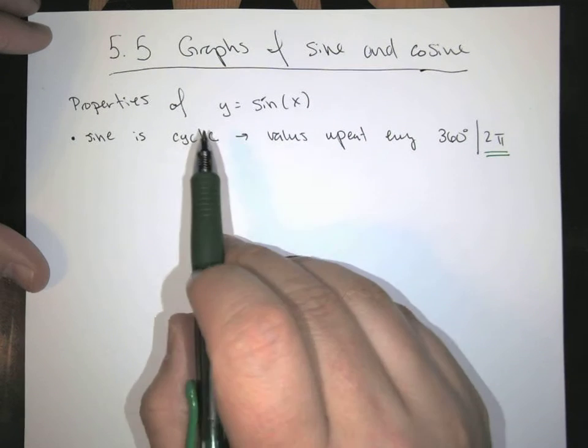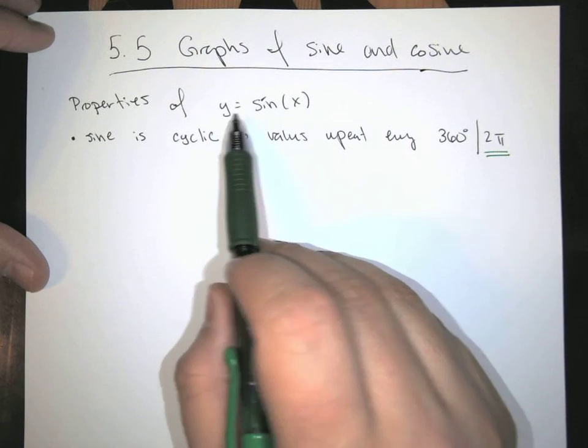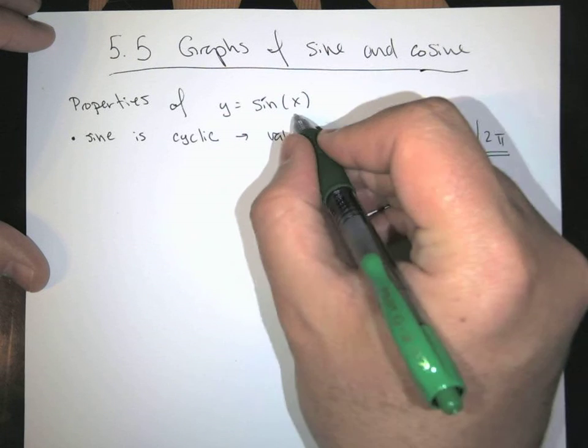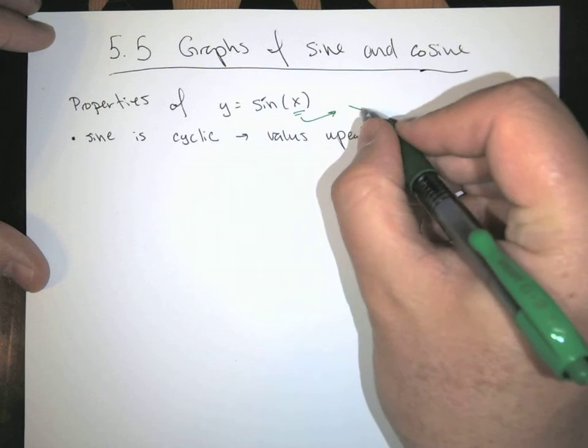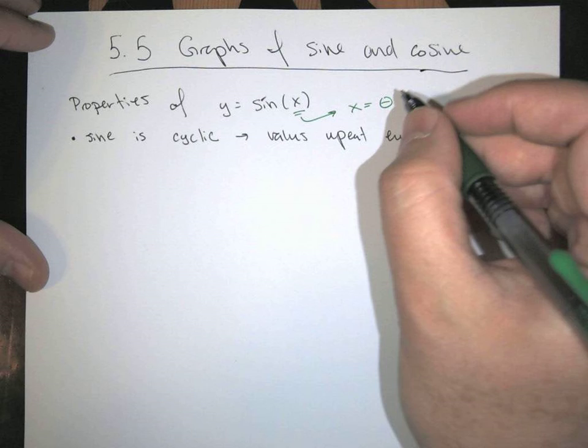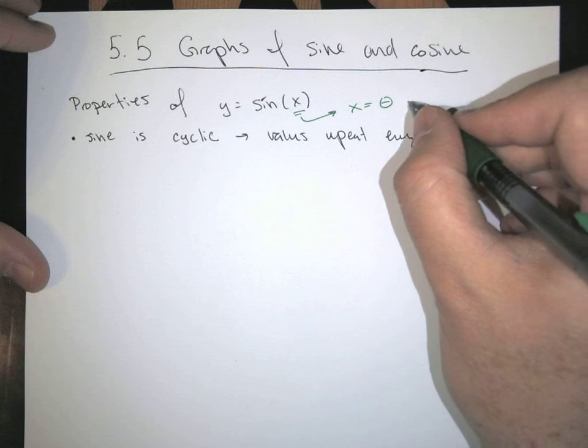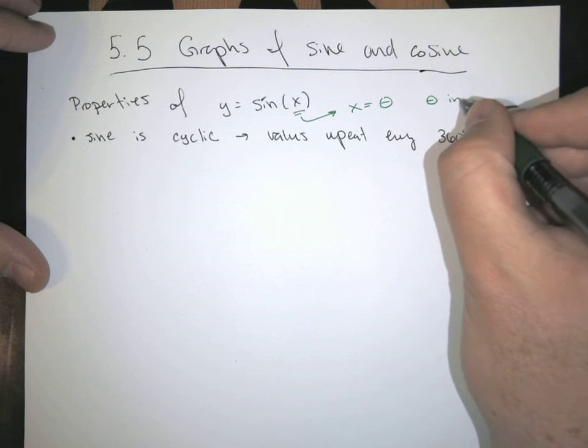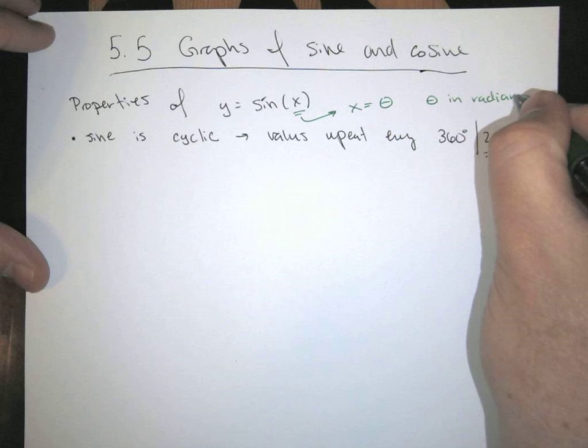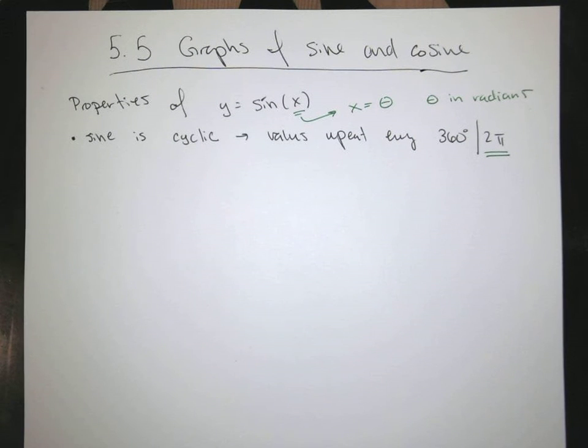We're trying to make a graph, first and foremost, of just y equals sine of x. So x here is our theta, and theta is in radians.